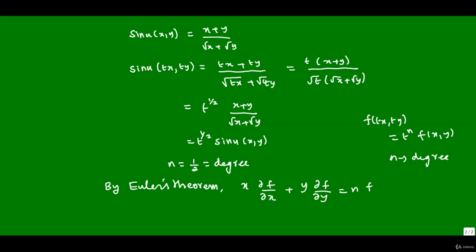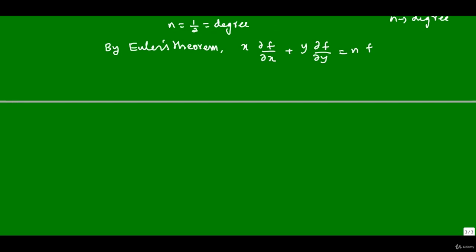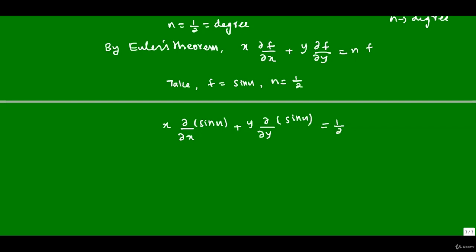So in this statement we are going to substitute f equals sin u, n equals 1 by 2. So our statement becomes x into dou by dou x of sin u plus y into dou by dou y of sin u equals 1 by 2 into sin u.